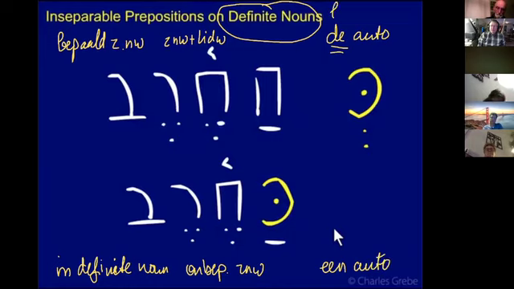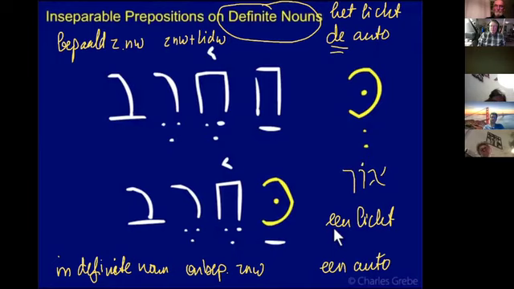Als je het hebt over 'het licht', bepaald. En 'een licht', onbepaald. Een licht is dus 'or'. En 'het licht' is, dan moet ik even een plekje zoeken.